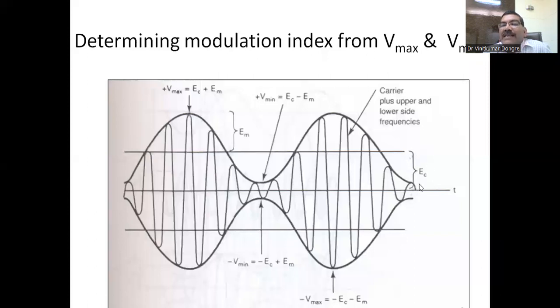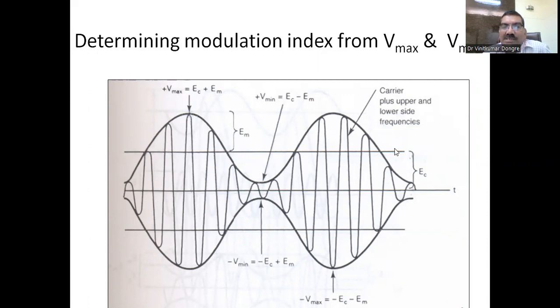EC means your carrier, C stands for carrier. This is the amplitude of the carrier frequency. So positive EC and this is negative EC. Then above that, it will have some peak. So this is EC plus EM. Where is your EM? From this point to here, this is your EM, the modulating signal.